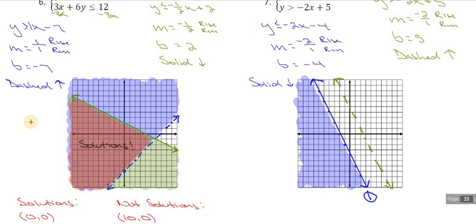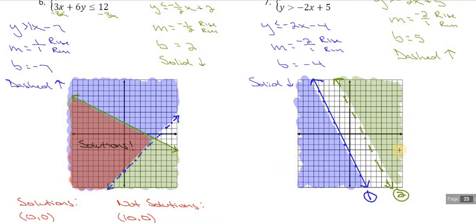It does continue on in both directions, and if we're shading above in terms of this y-intercept, it is this top right region. So let's think about this for a second. Now let's keep in mind from yesterday's video, or from the first half of this lesson, that our solution region is where we have both types of shading.